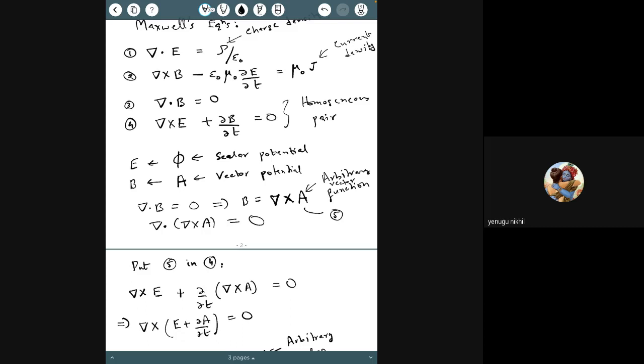Now, if you were only concerned with a system where you have moving charges which are moving on their own, not due to a field, they're moving because of some other reason, and you want to calculate the fields that are generated, in that case it is possible to solve equations 1 and 2, and you will obtain the field generated by these moving charges.